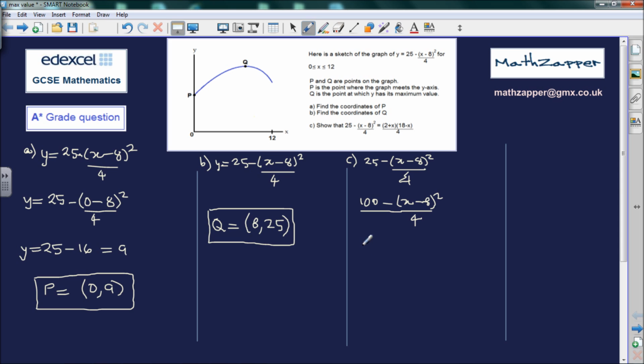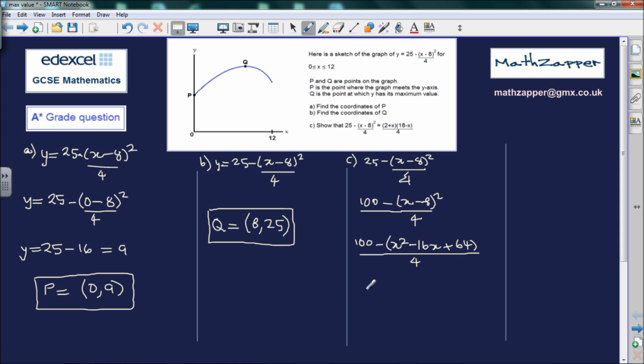We can now expand the brackets, and we have 100 minus (x squared minus 16x plus 64) all over 4.